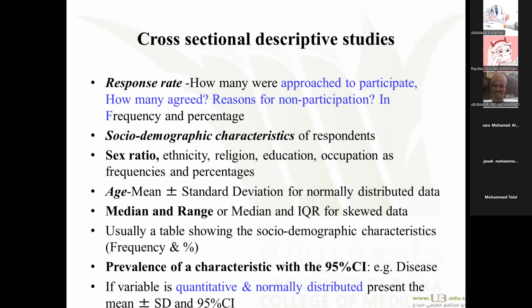For example, for a disease, we need to know its prevalence and the range in terms of the confidence interval value. If the variable is quantitative and normally distributed, don't forget that part of your data analysis means you have to tell us the mean, standard deviation, and the 95% confidence interval of that particular data.